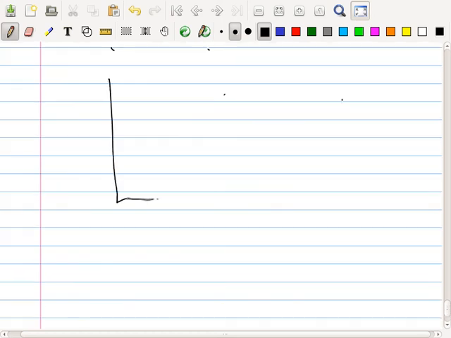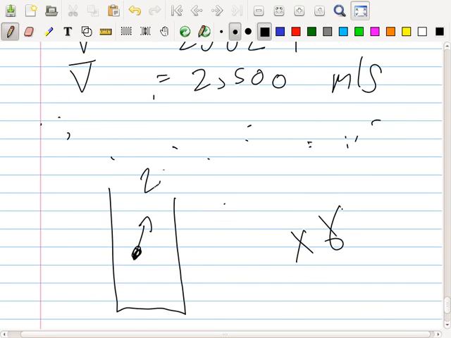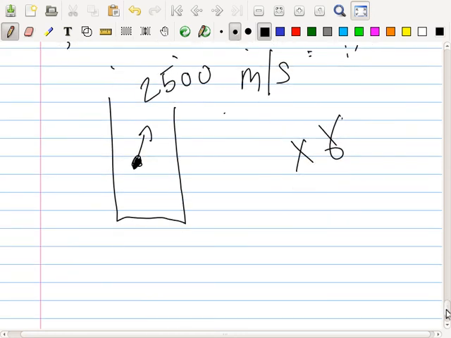Now, let's do something really interesting. So here's my cylinder, and I have 6 of them. And here's my particle, and its speed is 2,500 meters per second. How many of these will I have? I'll have n of them. So we need to calculate n now.